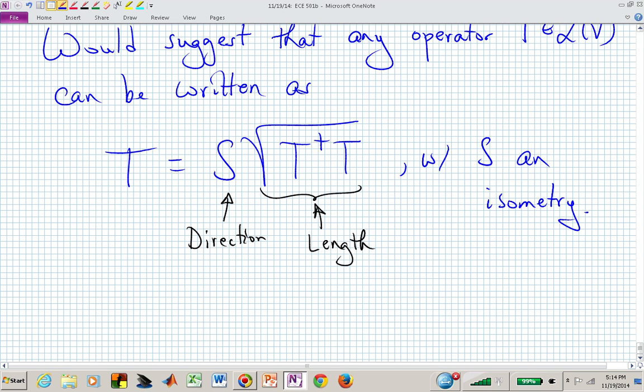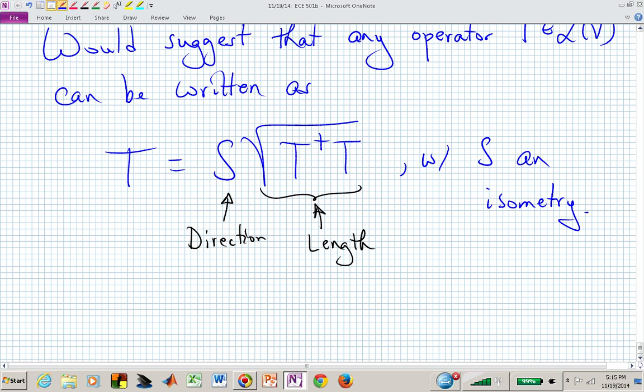Remember, T dagger T is what in terms of an operator? What can you say about T dagger T? Remember, that's analogous to Z star Z, Z conjugate Z. What happens when you multiply Z conjugate, A minus JB, times A plus JB?